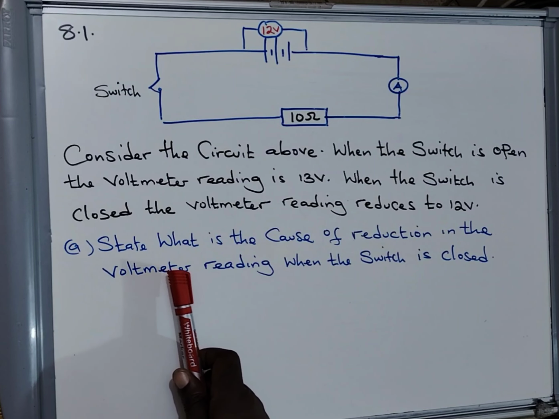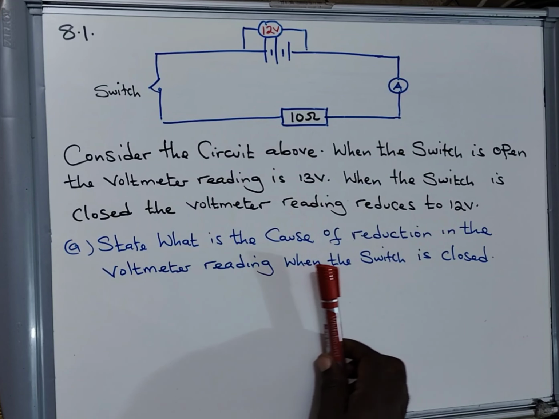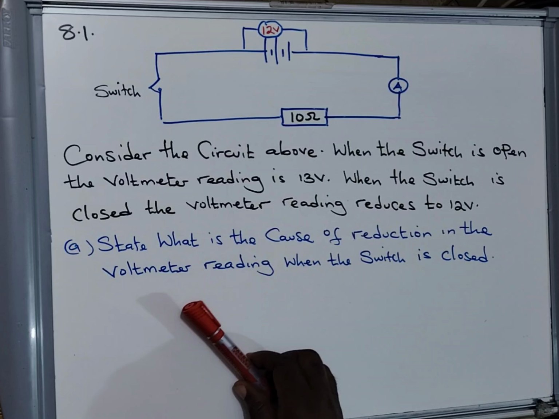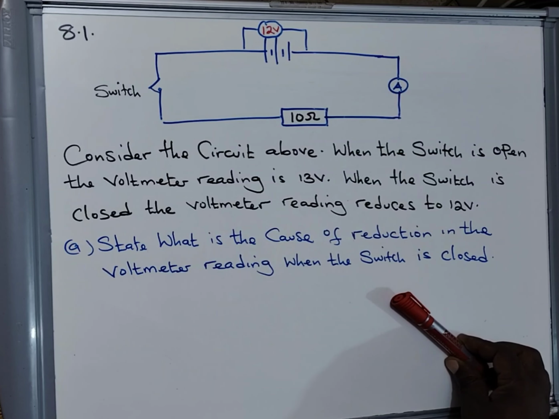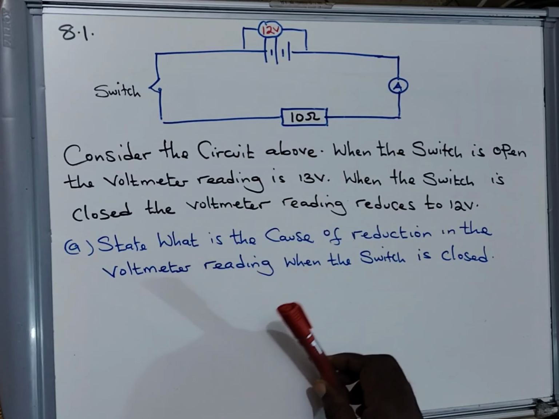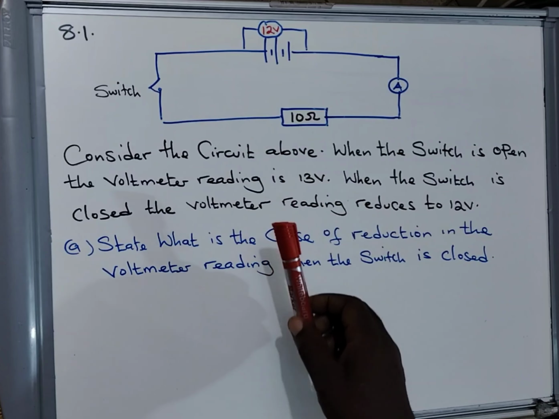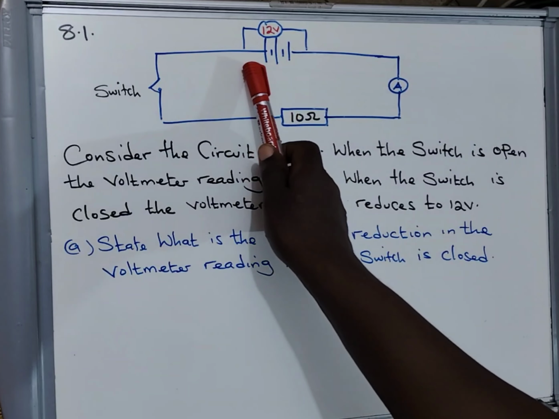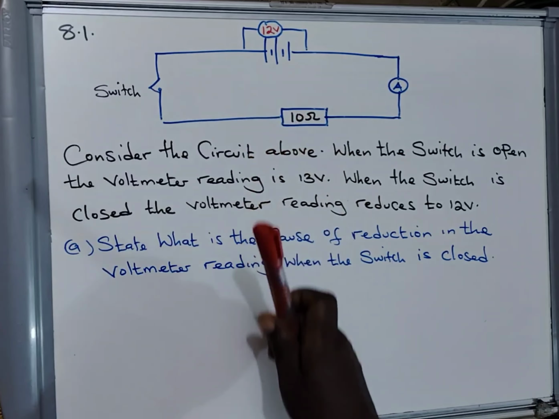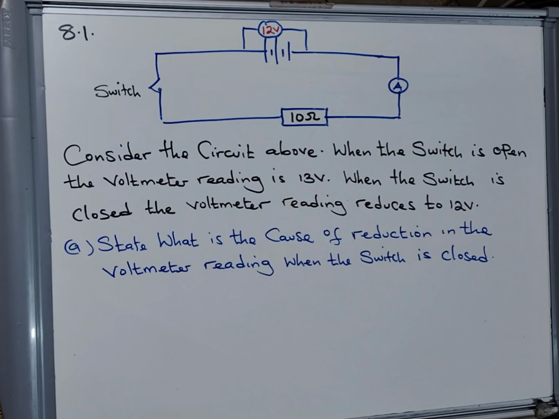The question says, state what is the cause of reduction in voltmeter reading when the switch is closed. So when you close the switch, what's the cause of decrease in the voltmeter reading? The cause is presence of internal resistance in the battery.